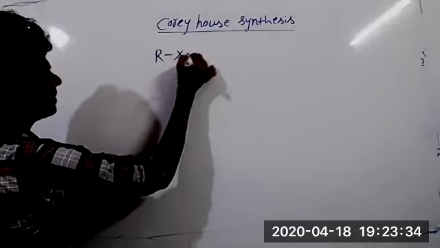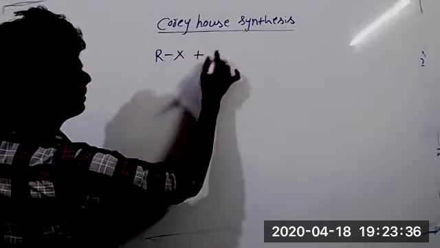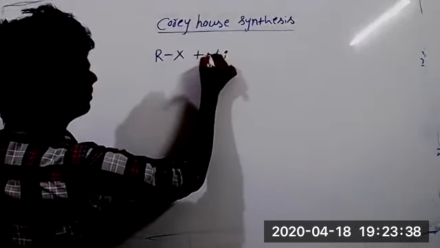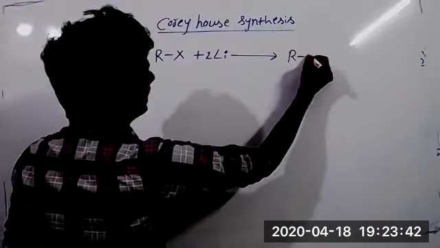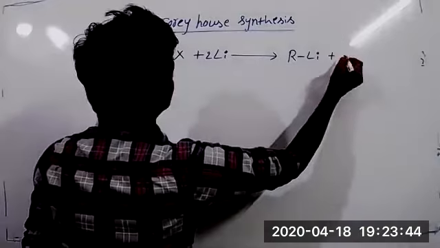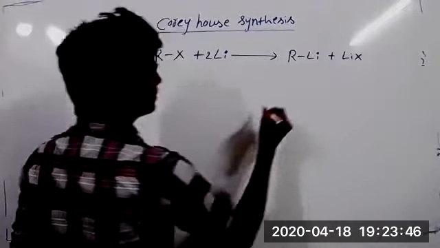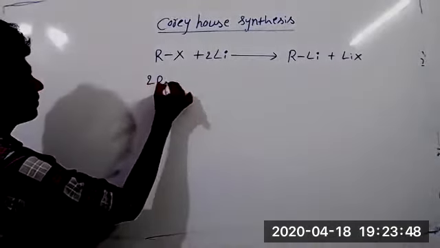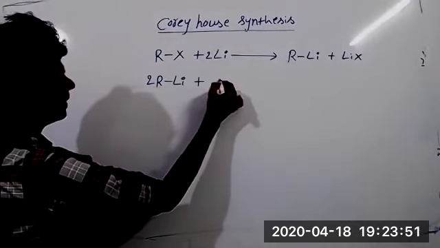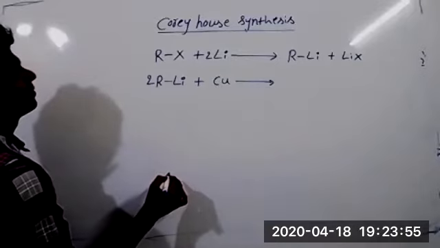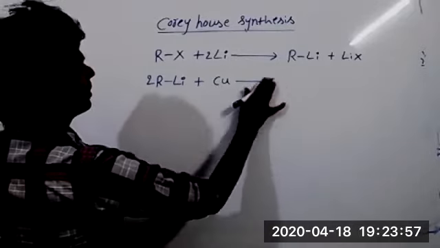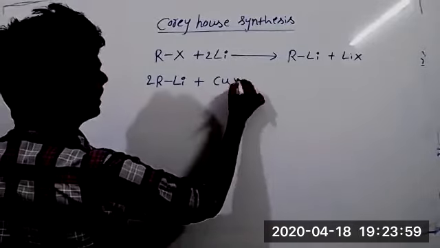An alkyl halide is treated with lithium metal to give alkyl lithium. This is a byproduct. Now 2 moles of alkyl lithium are treated with copper, not only copper, we have to take a copper halide.